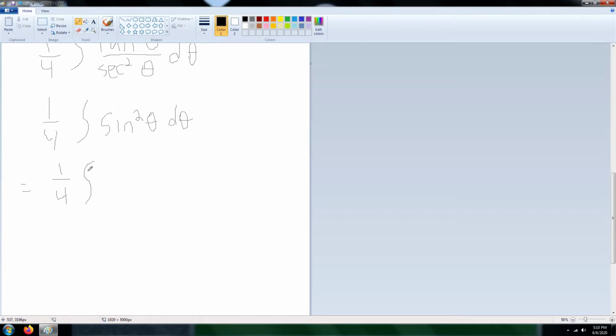And then we have, and after that, because we know that this one here is going to equal 1 minus cosine of 2 theta over 2.